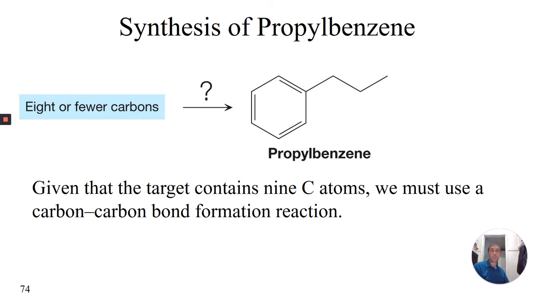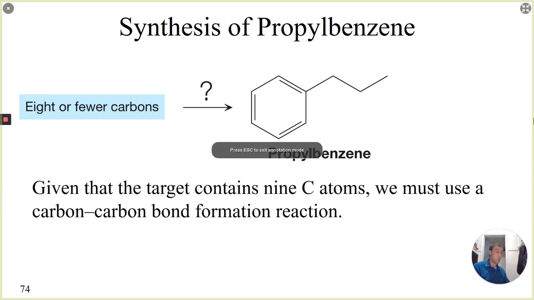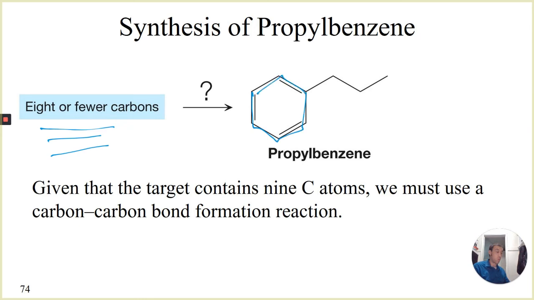If we were to try and synthesize propylbenzene, we do have a limitation in this particular synthesis. We're only allowed to use 8 or fewer carbons. Okay, so we could go through and say, well, here's 6, 7, 8. In this case, I want to bring on 1 carbon.